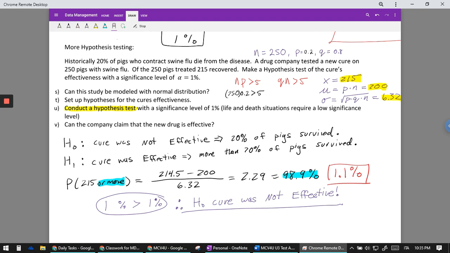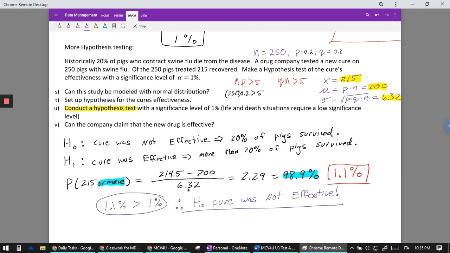Where does this 1.1% come from? Let's go back to here, okay? I've got a 98, right? That's where the 1.1 comes from. It comes from this formula here, this 214 minus 200 over 6.32, okay?